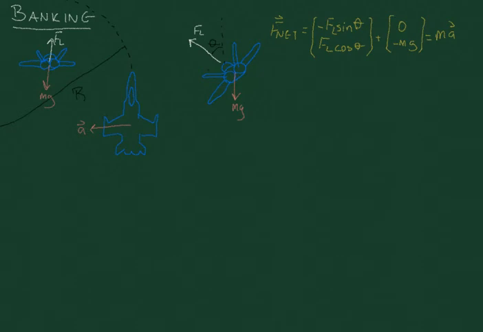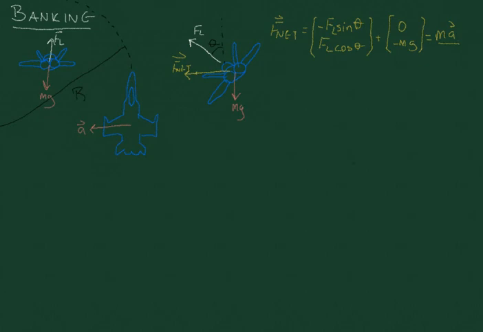But notice what this tells us for our F net. Let's say that we have a lift at such a magnitude that with the lift and theta, we only have an inward acceleration. Well, that means that our F net is now going to be to the inside, and this is going to be the acceleration, m times a, that turns the plane.